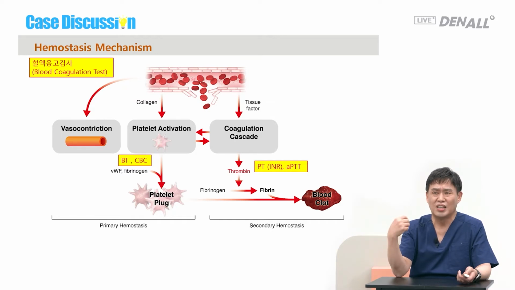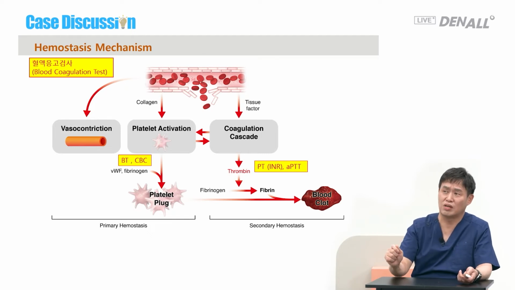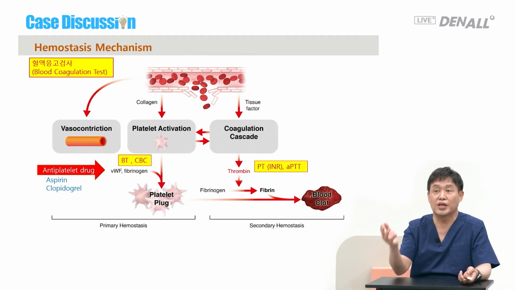When I was a resident, I shook the blood, measuring the time in the emergency room. So these days, we use INR, the ratio. So PT and APTT are related to coagulation.